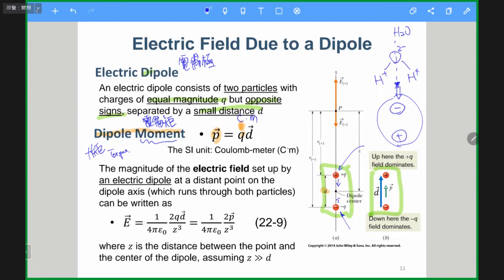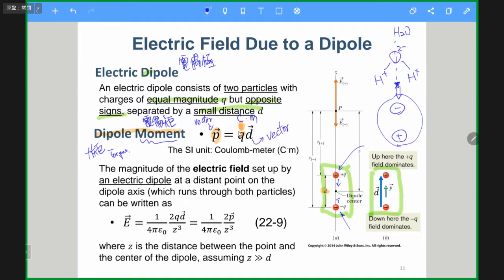And one thing to know is that the dipole moment is a vector. We know charge is a scalar, but this distance vector d is a vector.